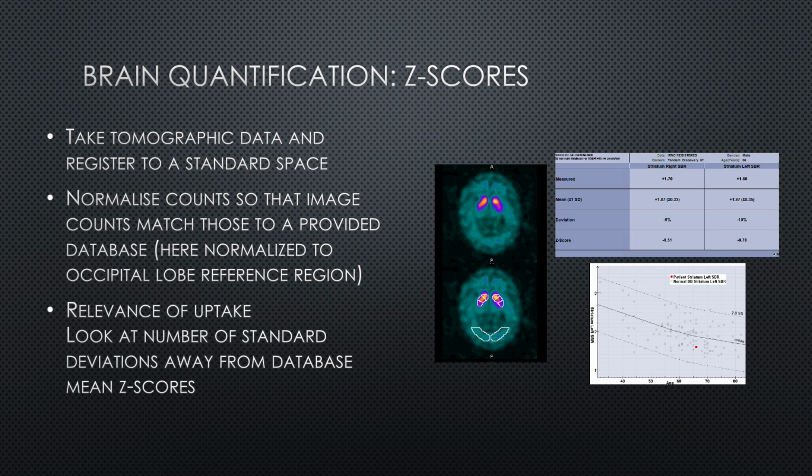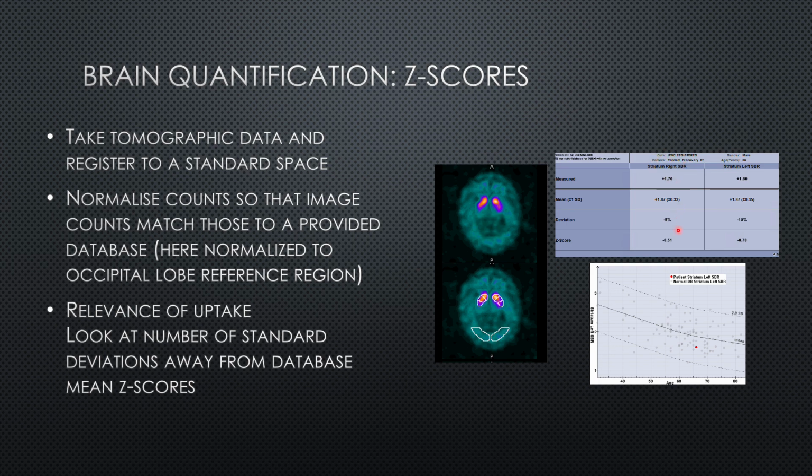So if we look in the image on the right here, we see our image that we're looking at, this ioflupane SPECT scan. We're looking at the specific uptake within the striatal structures, so the caudate, the putamen, and the anterior and posterior putamen. Our non-specific uptake is in the occipital lobe. So we get these ratio measurements, which, as you can see here, is this specific binding ratio.